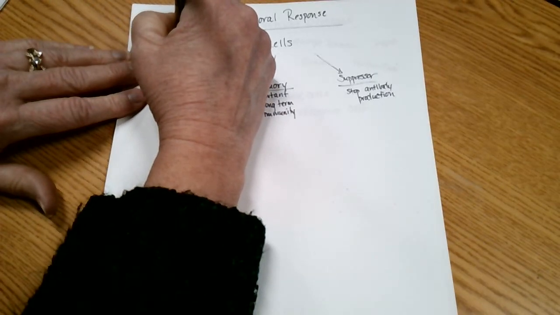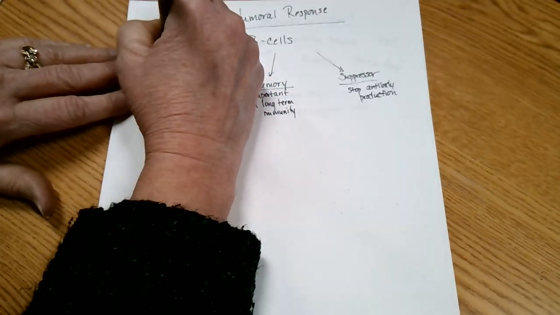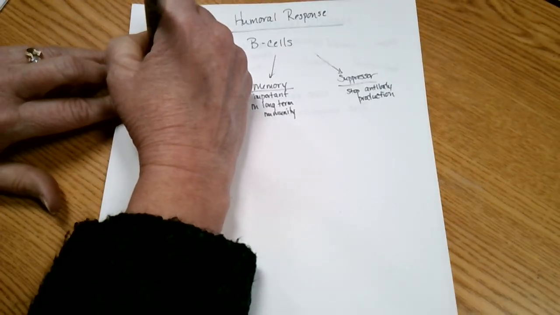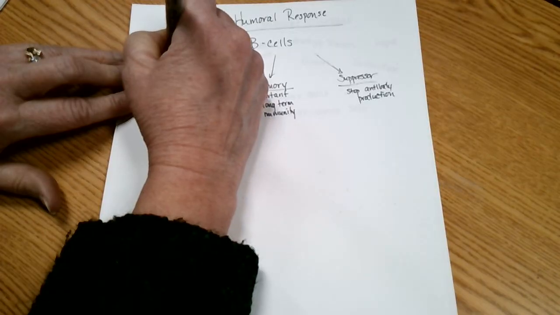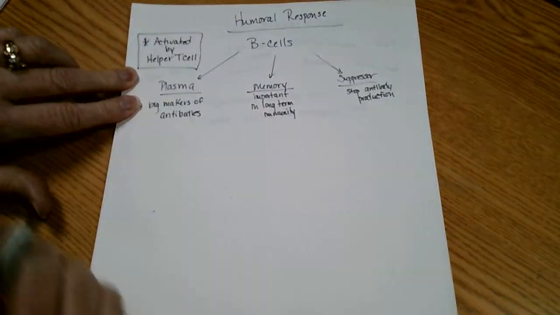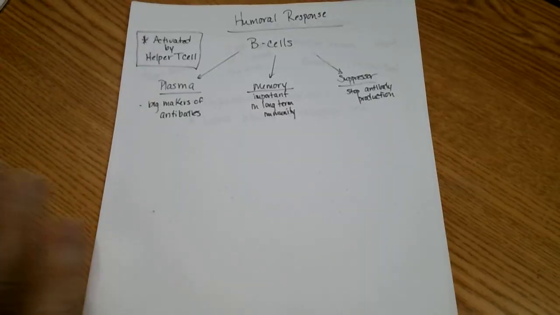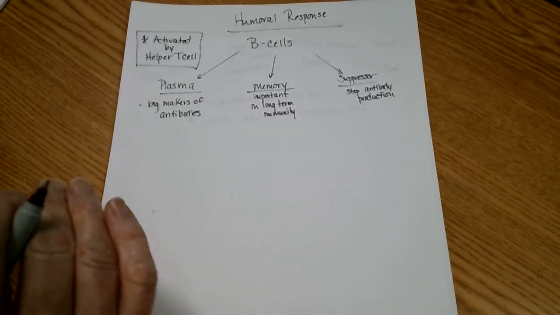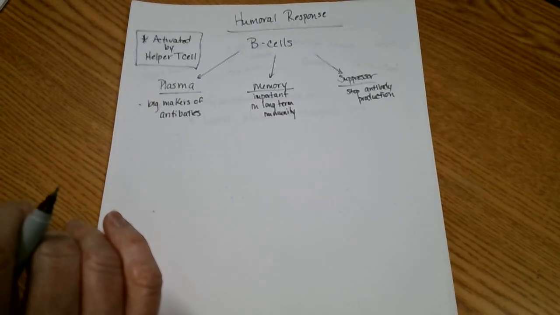Activated by, not any T cell, helper T cell. And that's very important. I'm going to put a box around that and say that it's very important to remember that all these B cells are activated by that helper T cell, the general in charge.